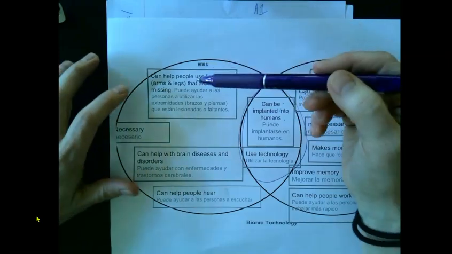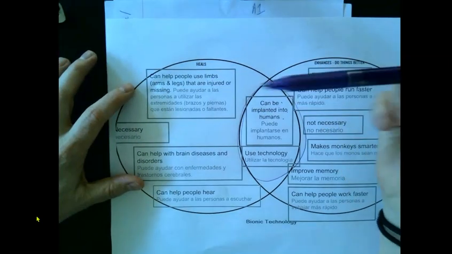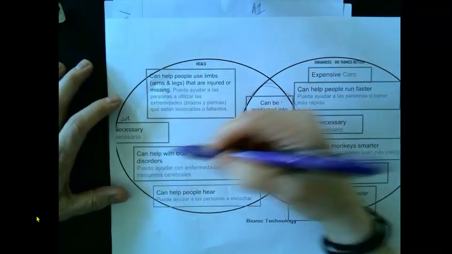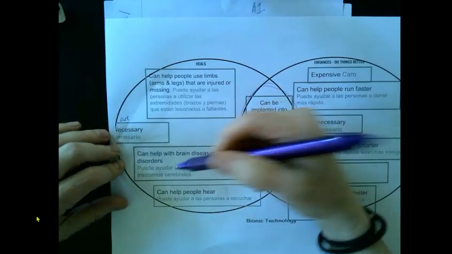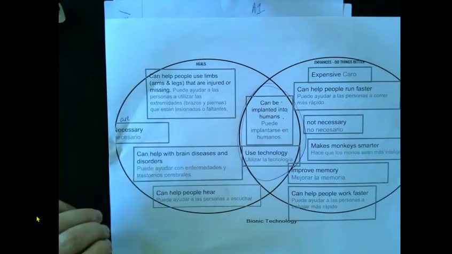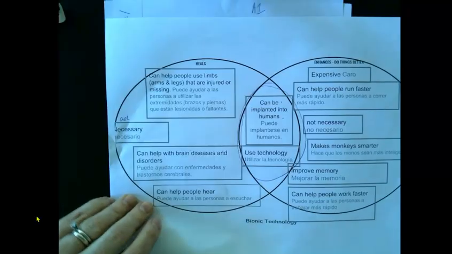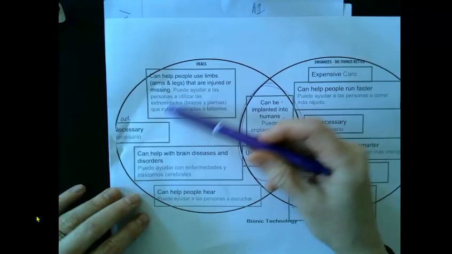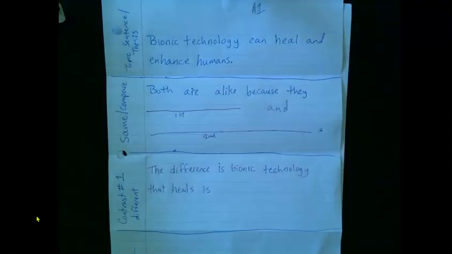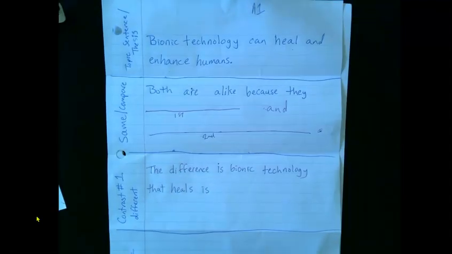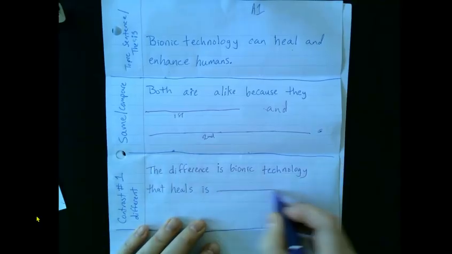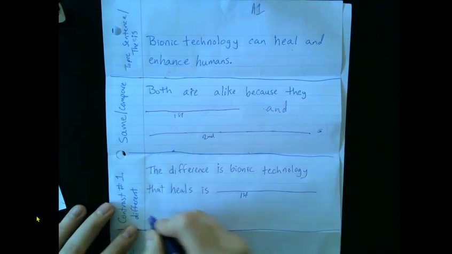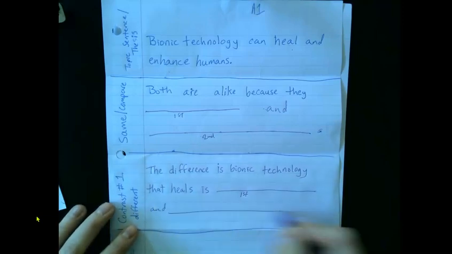They can help people use limbs that are injured or missing. They are necessary. They can help with brain diseases and disorders, can help people hear. So choose two that you want to talk about. So the difference is bionic technology that heals is, so say your first thing, then say and, and then say your second thing.